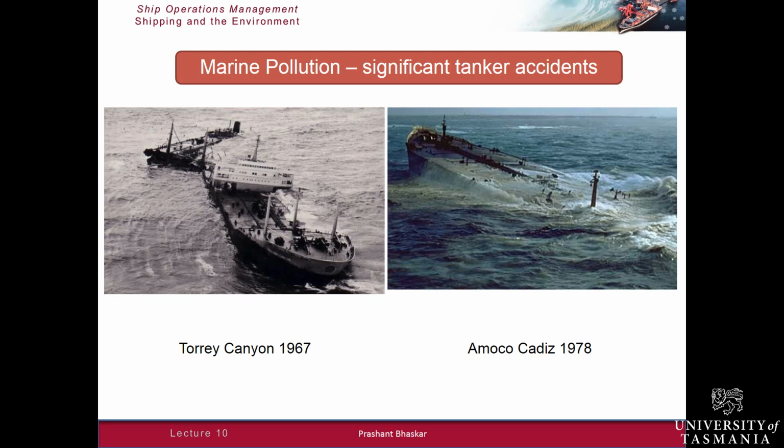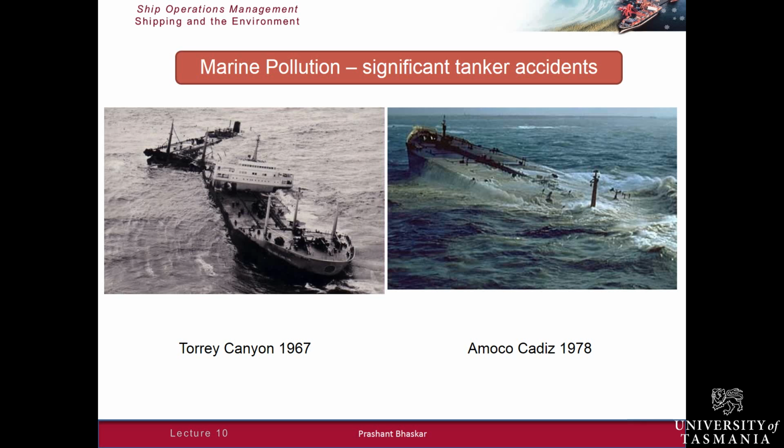Because of that, many governments thought that there was a need to establish an international regulation and compensation scheme, because the cleanup costs can be quite large, and to compensate those who have suffered loss and damage caused by the spilled cargo. At that time, the IMO was known as IMCO, or the International Maritime Consultative Organization, and they organized a convention called the CLC Convention, or the International Convention on Civil Liability for Oil Pollution Damage.